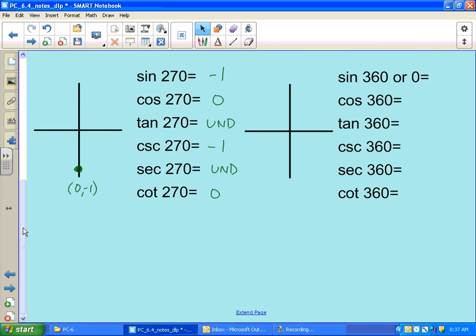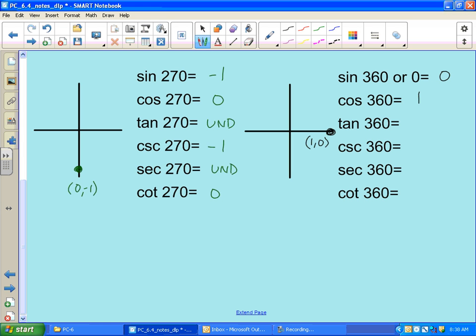And then lastly, 360. Down there, and that has a coordinate of 1, 0. So what happens out there? Sines are 0.